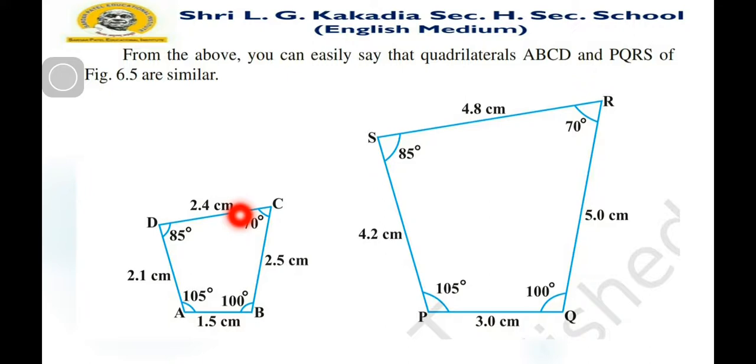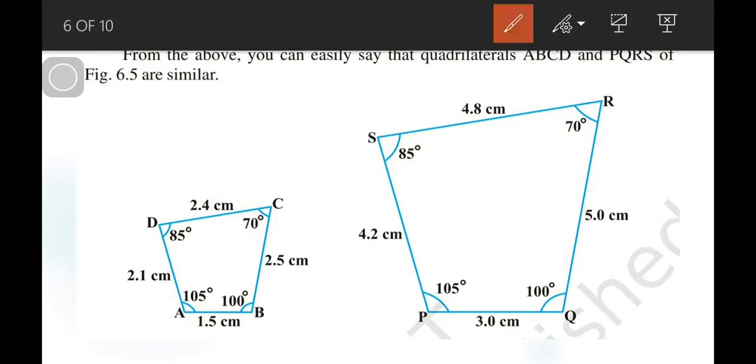Now let us find the ratio between all the sides. Let us consider AB. AB corresponding to PQ. AB upon PQ is equal to 1.5 upon 3.0, which is equal to 1 over 2. The first ratio is 1 over 2.